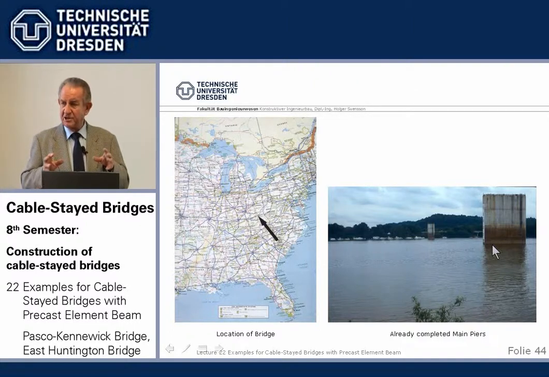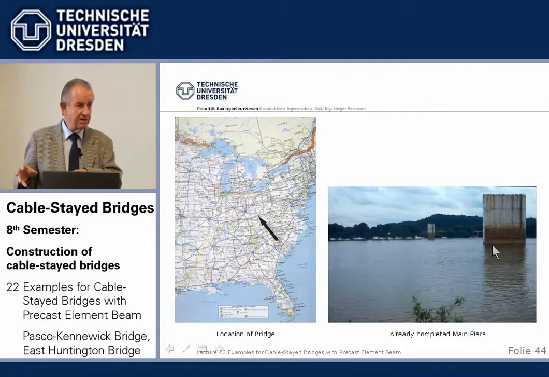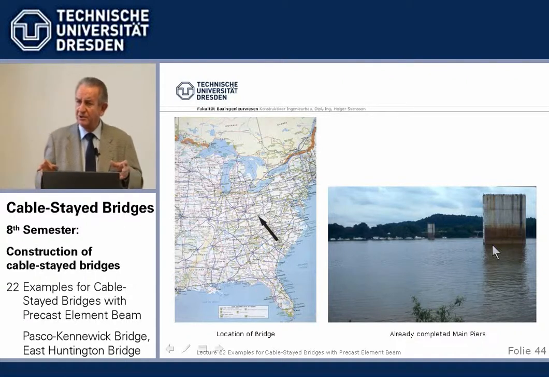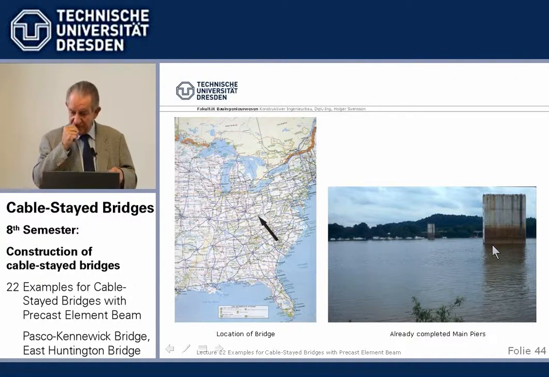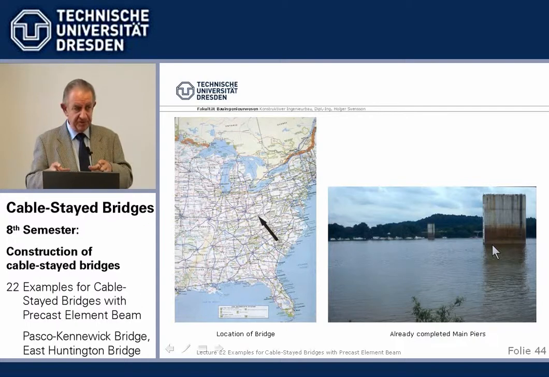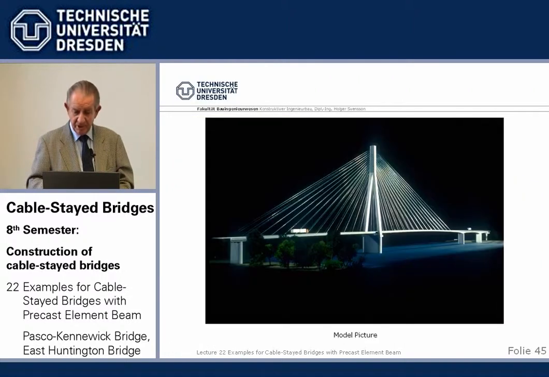So how to make competitive designs? Well, we make two official designs, one in steel, one in concrete. At that time, for all projects more than $10 million. And this was the first one. So the design of the steel bridge was approved. The piers were built in the first stage, and then we came and were supposed to put on these existing piers a concrete cable-stayed bridge.